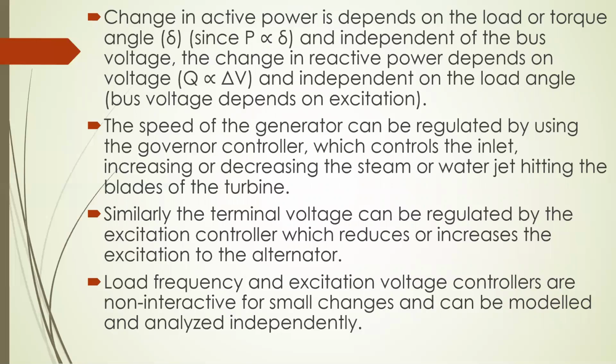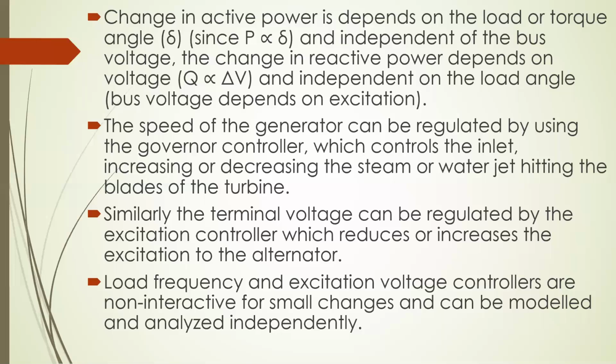The speed of the generator can be regulated by using governor control. See here, if I want to increase the generation according to an increment of the demand or decrease the generation according to a decrement of the demand, I have to change the steam input which is coming to the turbine. Controlling the steam input towards the turbine is possible through the speed governor control mechanism.